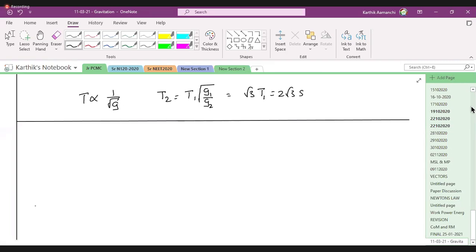The gravitational field in a region is given by 5 I cap plus 12 J cap.